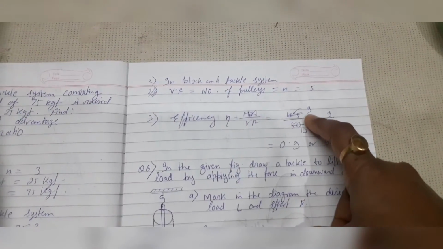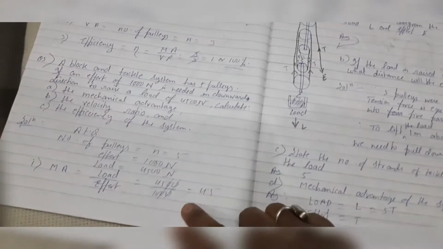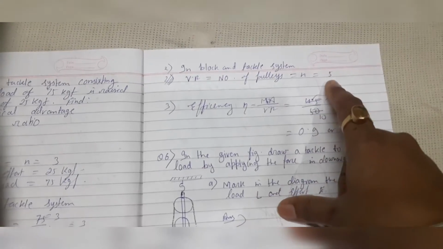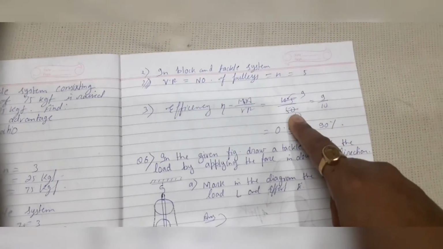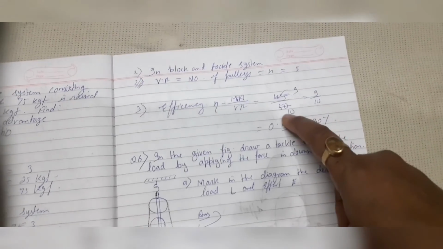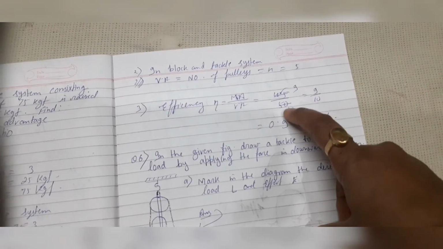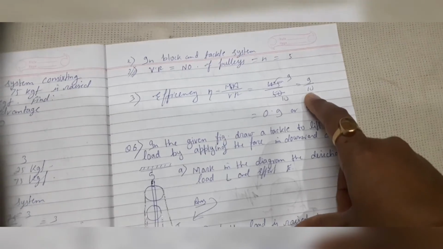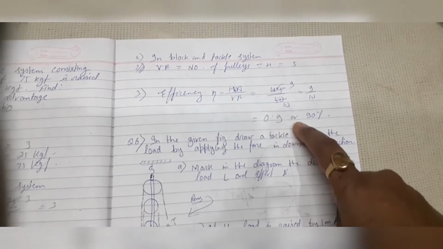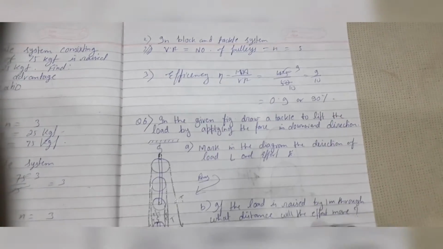Value of MA is 4.5 and VR is 5. When we divide 4.5 by 5, removing the decimal, 5 nines are 45 and 5 tens are 50, so that is 9 by 10. It means efficiency of this system is 0.9 or 90%.